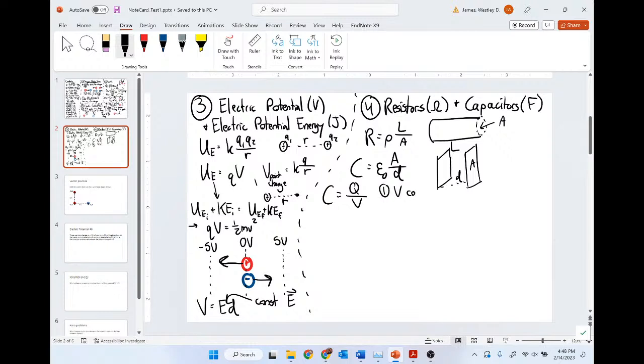So V is constant if connected to a battery. It gets the whole battery's voltage. So the voltage is constant if the capacitor is connected to a battery. Capacitance is constant if A and D don't change.